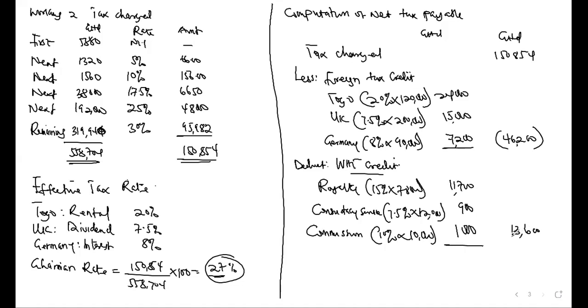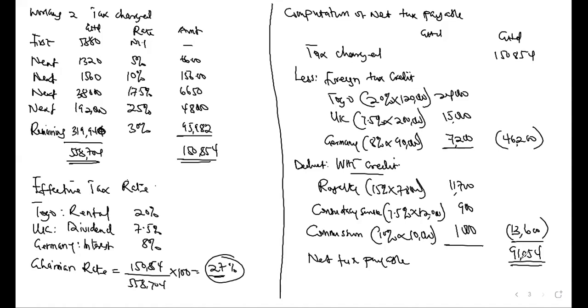That is 13,600. So his net tax payable will be what? Just add this one: 13,600 plus 46,200, out of 150,854. It is 91,054.